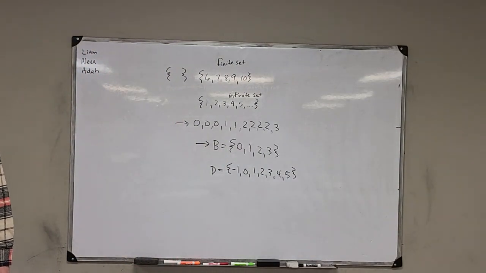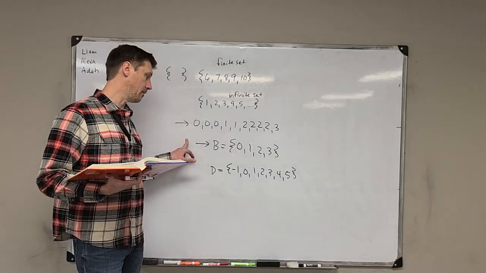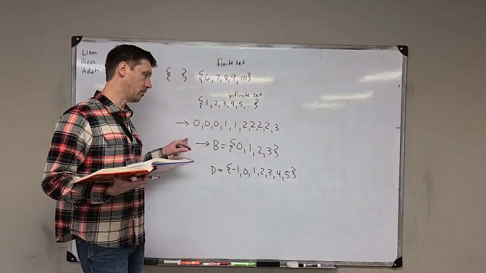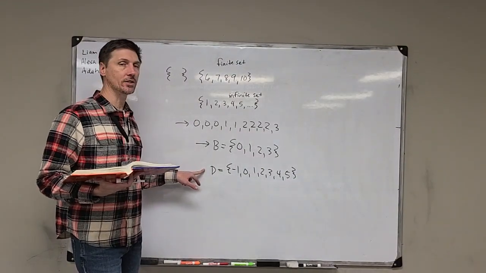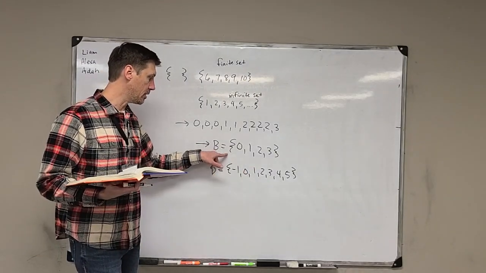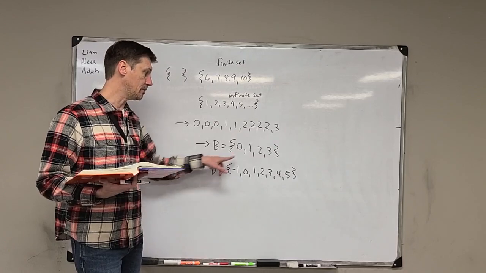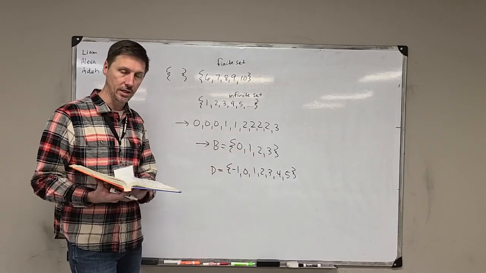Because all of the numbers that are in set B are also in set D. You couldn't say the reverse. Set D is not a subset of set B, because some of the numbers in D aren't in B. But we can say it the other way. B is a subset of set D because all of these numbers are contained within D.